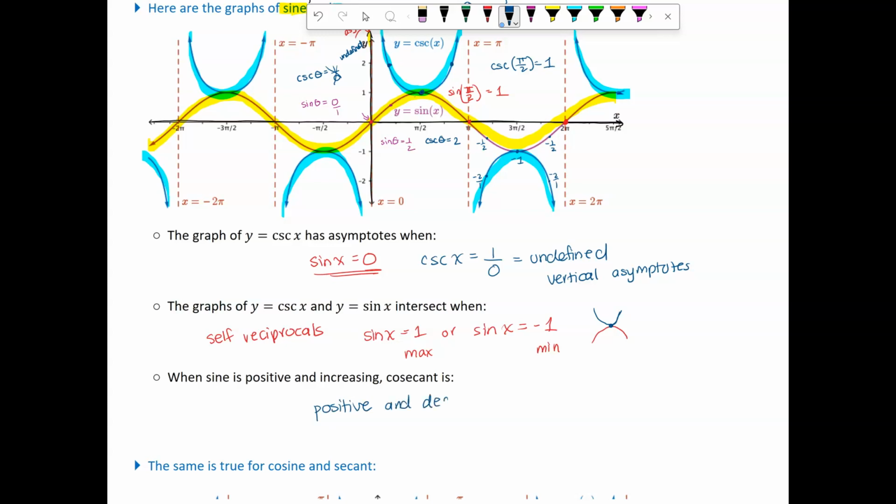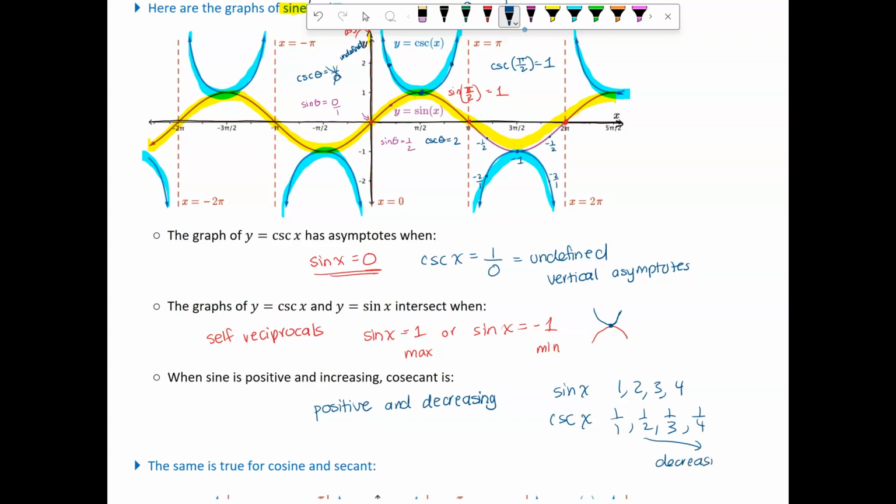Okay, and that happens if you think about the fraction values, right? So when you have numbers like positive increasing, so when sine is having the values of 1, 2, 3, 4, for example, the cosecant would therefore be 1 over 1, which stays 1, 1/2, 1/3, 1/4, which is a decreasing number, right?